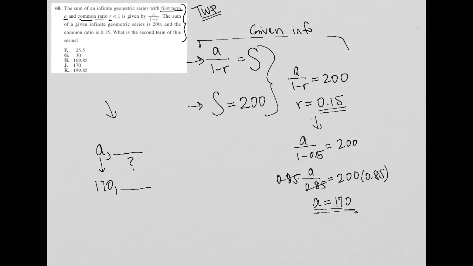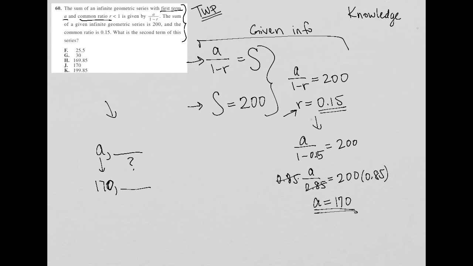And then, here's some information that you kind of have to come into this knowing. So I'm going to call it a knowledge, right? So there's a bit of knowledge here. And that is when you have a geometric series, all that means is you have a list of numbers, and those numbers are related to each other by what's called a common ratio, right? For us, this R equals 0.15.